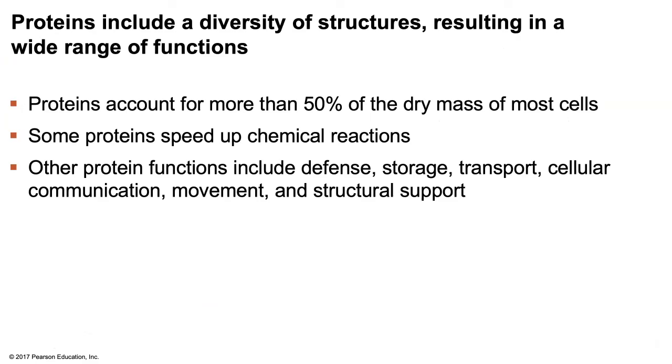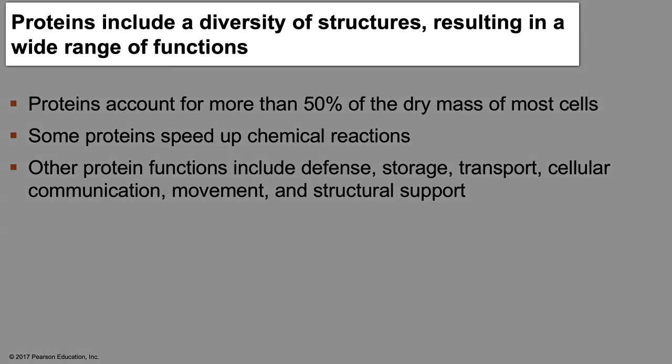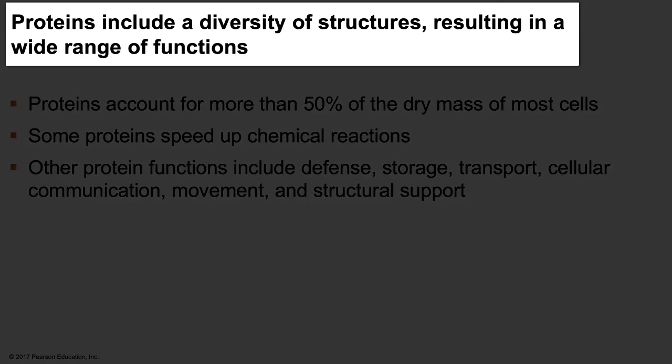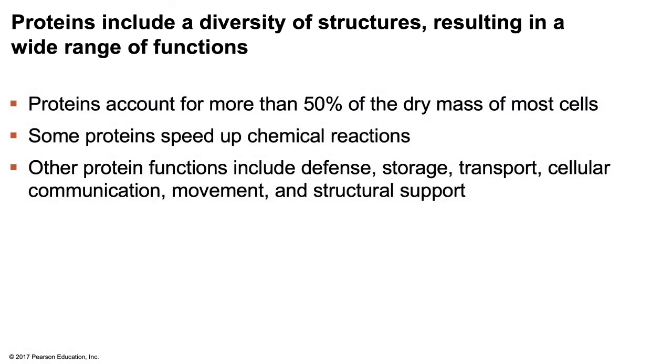The third type of macromolecule that we're going to cover is proteins. Proteins are molecules with a wide range of functions and a vast diversity of structures. If you were to remove all of the water from a human body and analyze the remaining matter, you'd find that proteins account for more than 50% of our remaining dry mass.